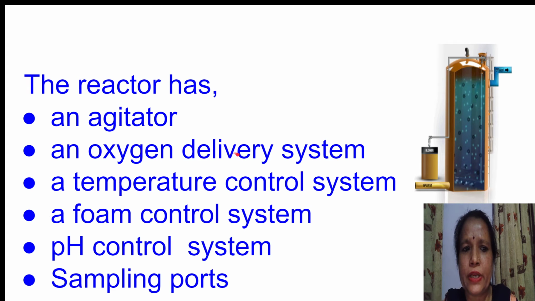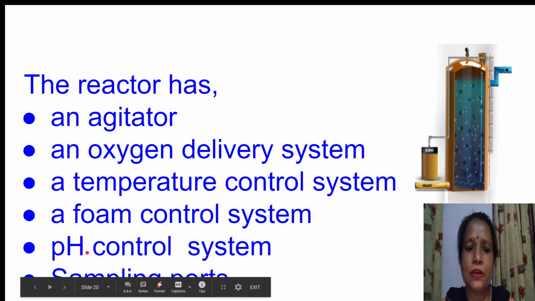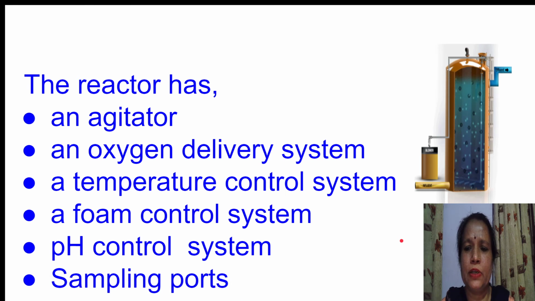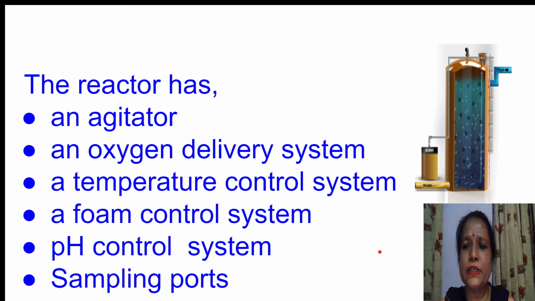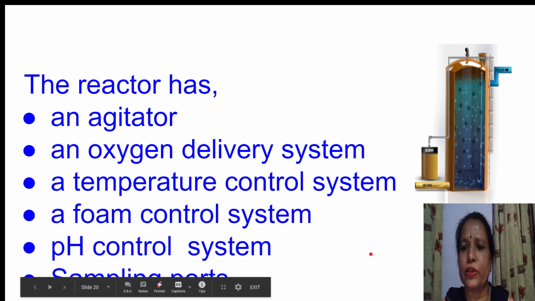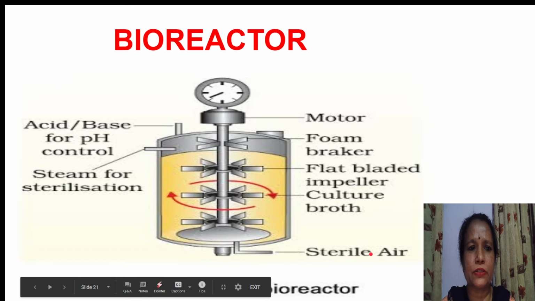This is a bioreactor. It has an agitator for mixing, an oxygen delivery system, a temperature control system, a foam control system because foam will be formed in it, and a pH control system. It also has sampling ports by which you can introduce materials inside the bioreactor or take out samples to check how the microorganisms are growing inside the bioreactor.